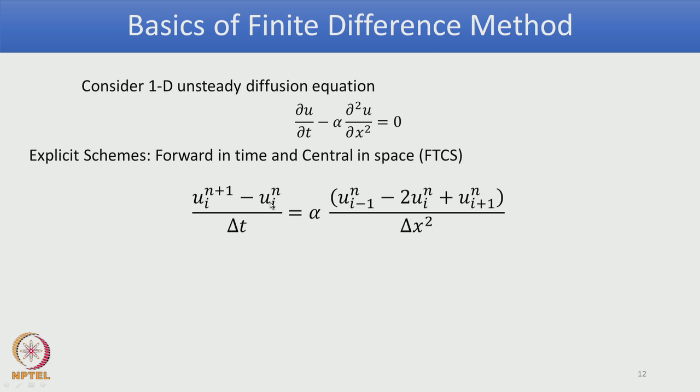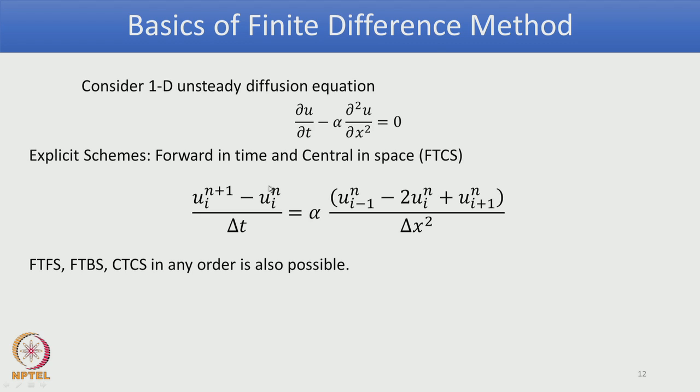For such an equation, as I explained just now, only n plus 1 needs to be determined, and that alone will be on the left hand side. We can rearrange the equation by moving u of i, n to the right hand side and clubbing it along with the other terms, then you get an explicit expression to determine the value of u of i, n plus 1.